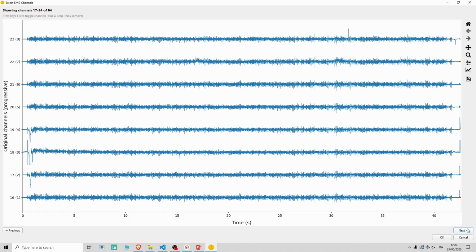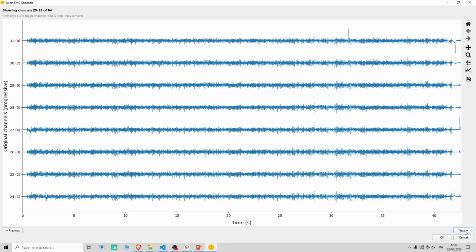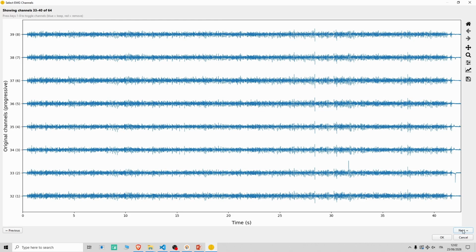And we can go on, and you see this file has a number of channels that are not very good. I mean, this is not a big problem. The decomposition will work even if we leave these small mistakes, but it's just to give you an example of what can be problematic and therefore is better to remove. Again, we have one here, and we have some of them around.